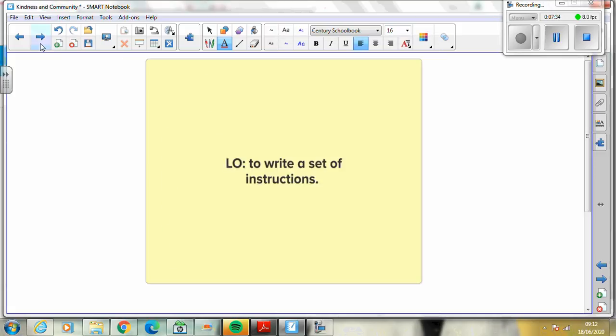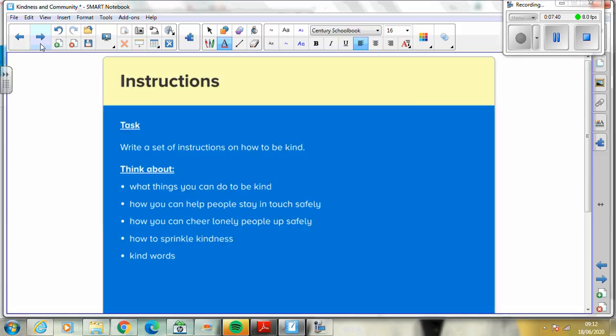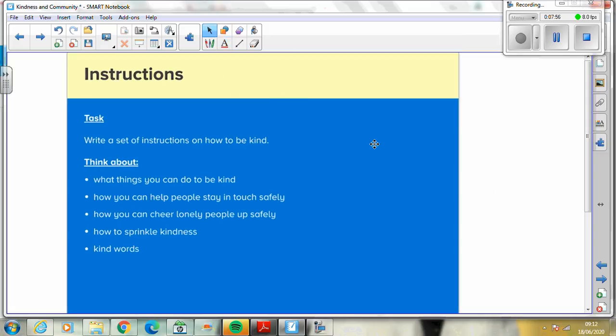Our main writing task this week is writing a set of instructions. So your task is to write a set of instructions on how to be kind. In your journal, I would like you to have a planning page.